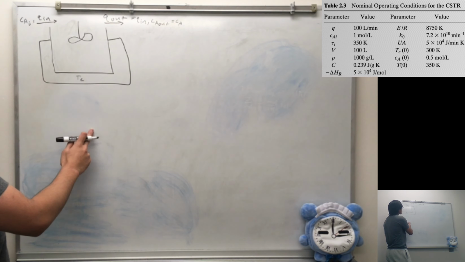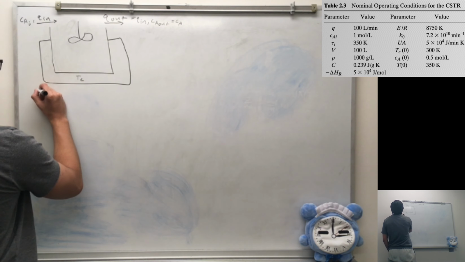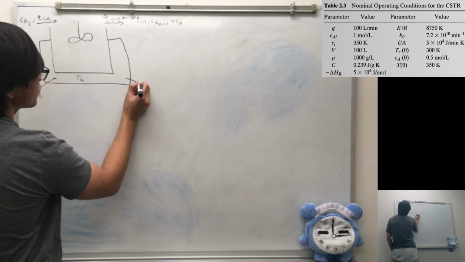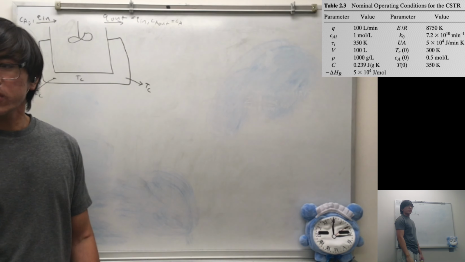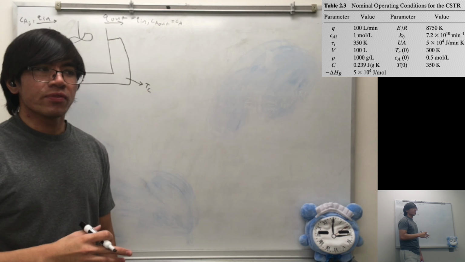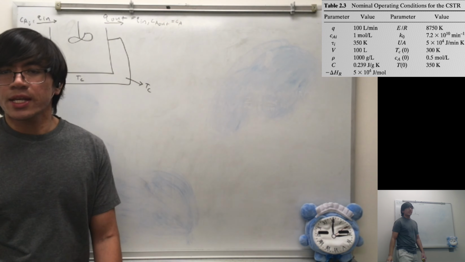Some other parameters we have in our equation: I said coolant jacket, some temperature coolant going in, and some temperature coolant coming out. The problem doesn't actually state that it's changing. I think we're provided a T equals 0 of the temperature of the coolant. So we're assuming this remains constant throughout in steady state.